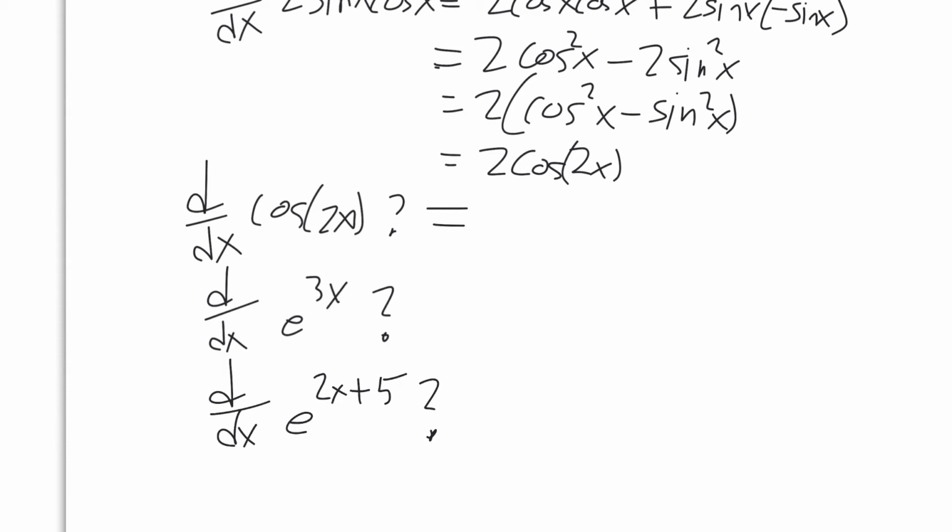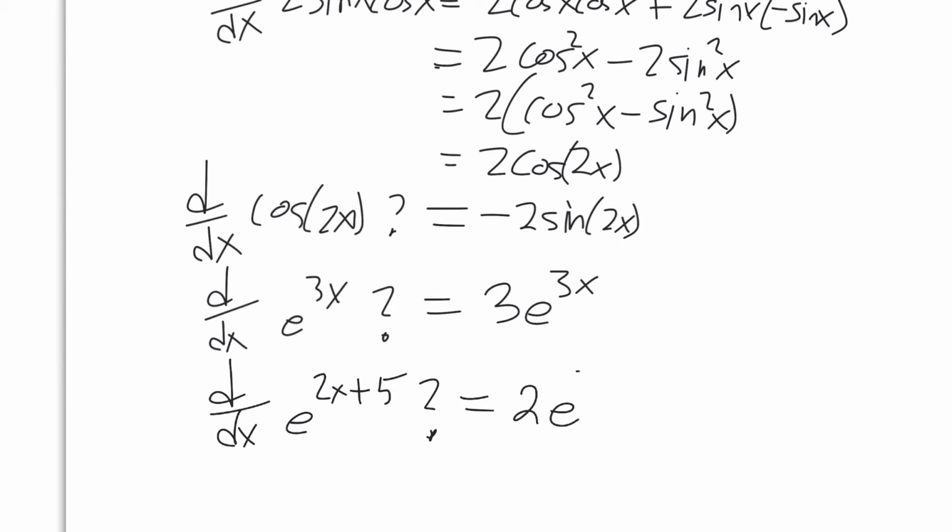The derivative of cos of 2x is going to be negative 2 sine 2x. The derivative of e to the 3x is going to be 3 e to the 3x. And the derivative of e to the 2x plus 5 is going to be 2 e to the 2x plus 5. Now maybe you're starting to see the connection. I'll help show you if you're not.